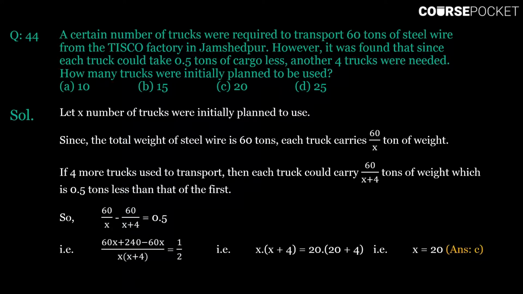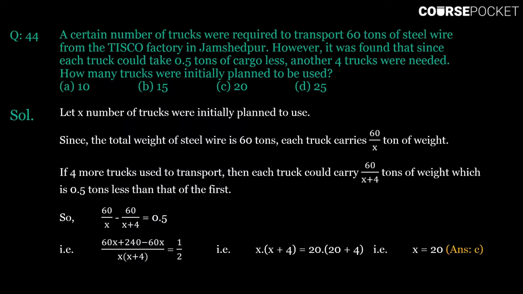So, in this case, the difference of the carrying capacity, which means 60 by X minus 60 by X plus 4 is equal to 0.5. After calculation, it gives 60X plus 240 minus 60X whole divided by X into X plus 4 is equal to 1 by 2, as 0.5 could be written as 1 by 2 or half.